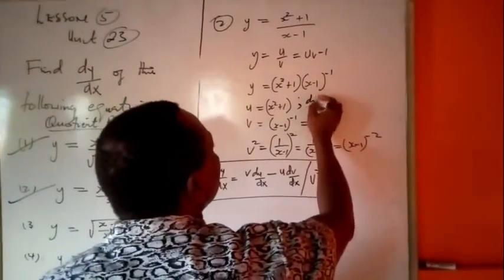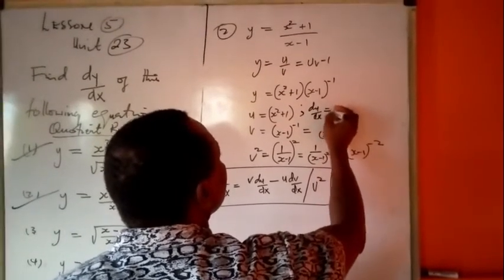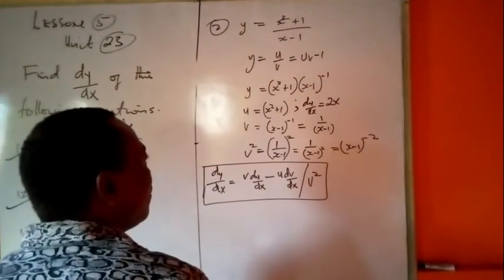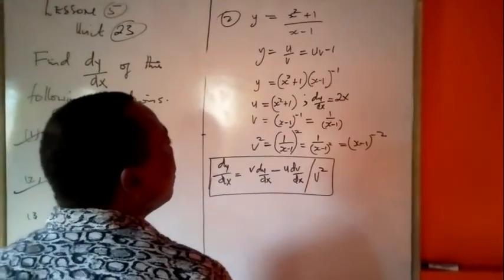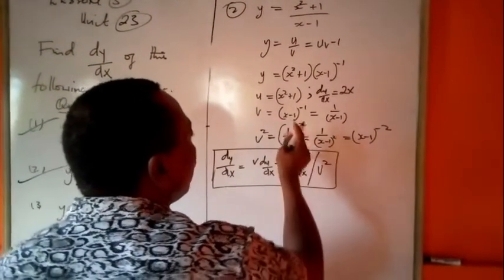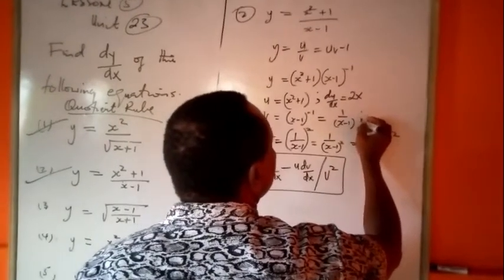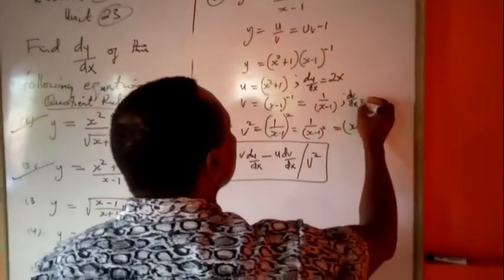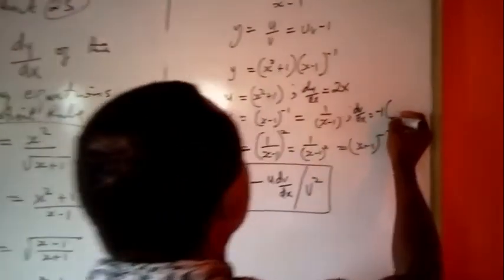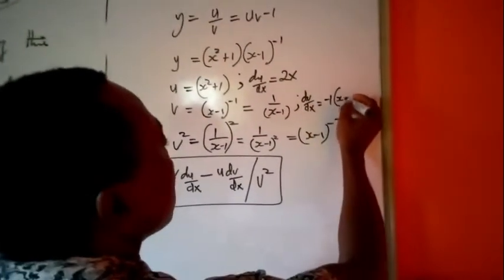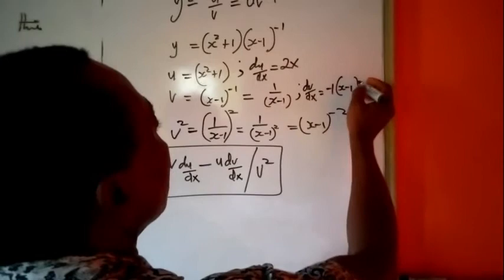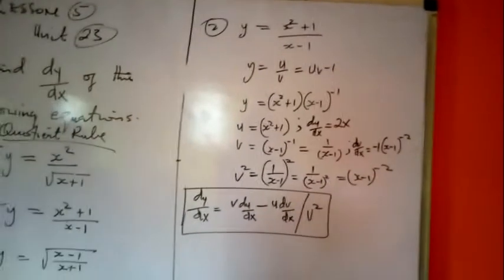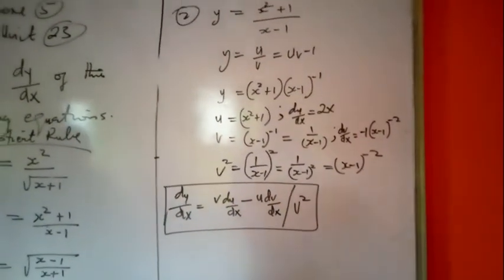So which means du dx is equal to what? 2x. We differentiate the constant, 0. And your dv dx is equal to minus 1 into x minus 1 raised to power minus 2. So now all your terms that you need are in place.